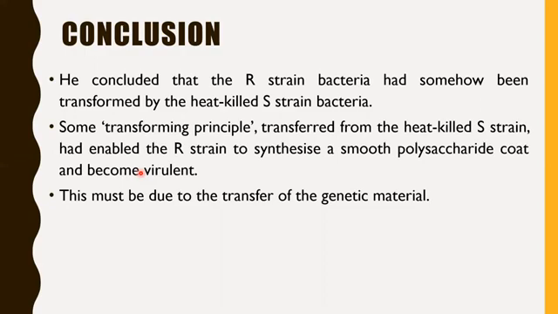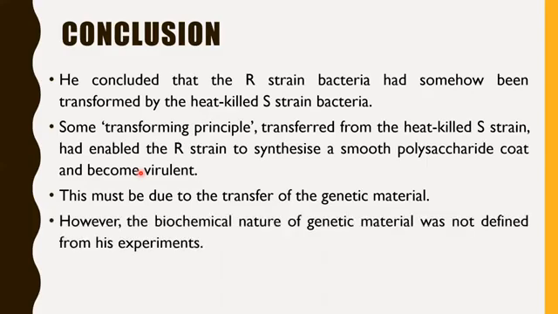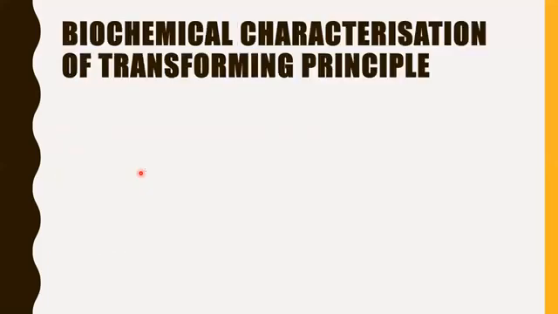It was not informed by Griffith. So that's why Griffith's experiment was continued by some other scientists. However, the biochemical nature of genetic material was not defined from his experiments, and that was defined by some others' experiment. Now let me move to the next one.